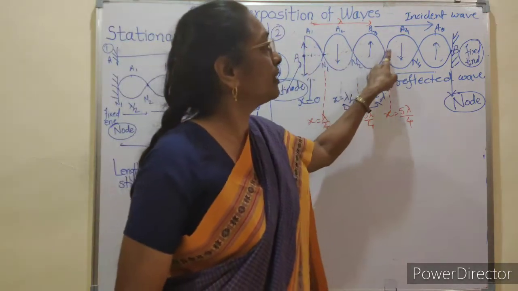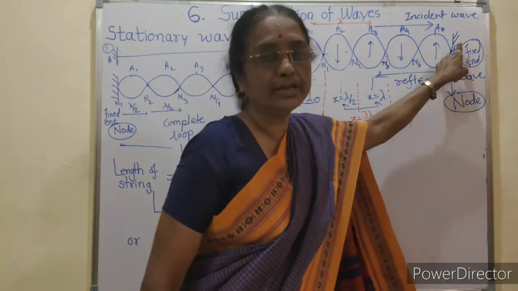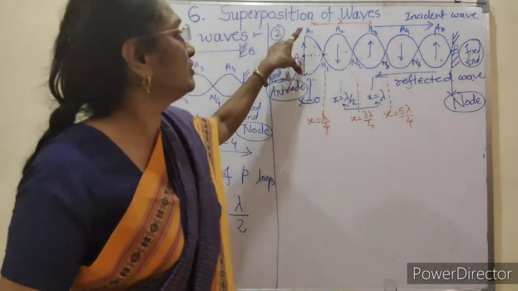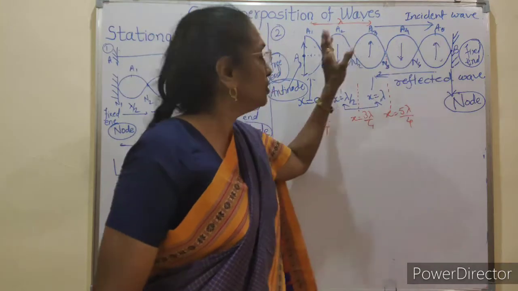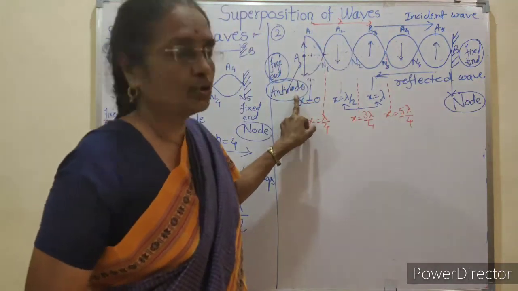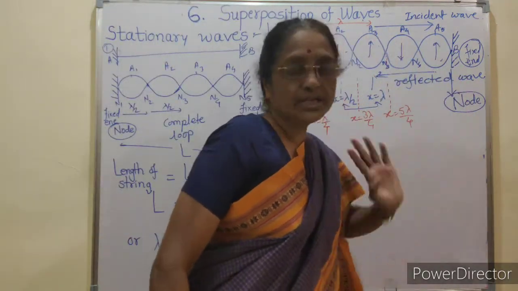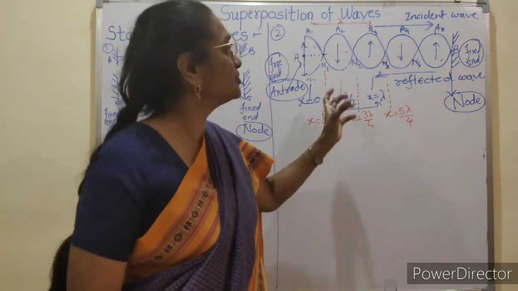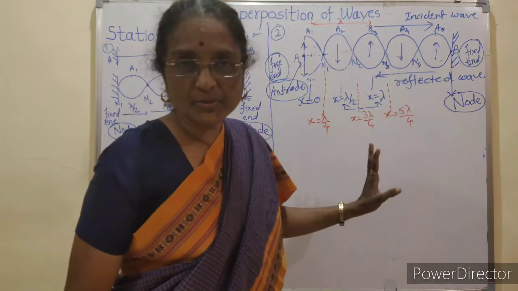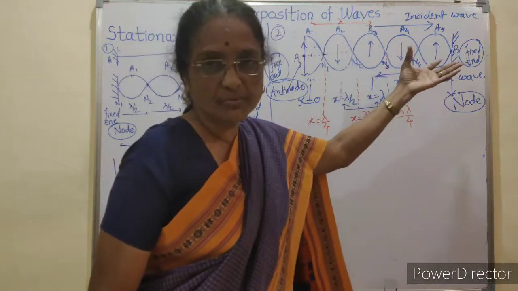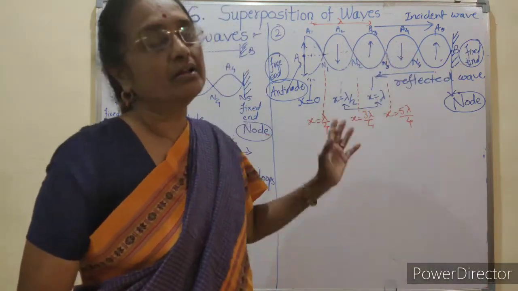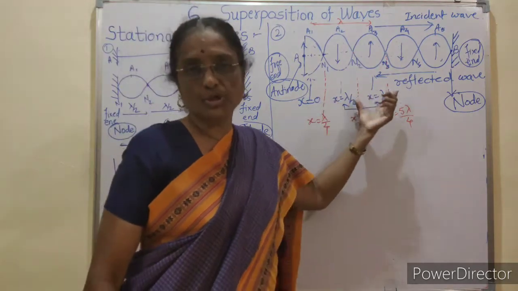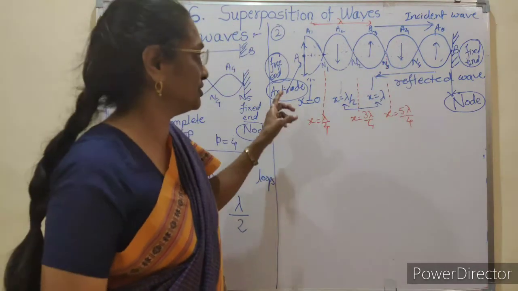Then the progressive wave travels towards B, gets reflected, and we get the stationary pattern. So here there is always an antinode at the free end, at the fixed end always a node, and in between there are points of zero displacement and points of maximum displacement.